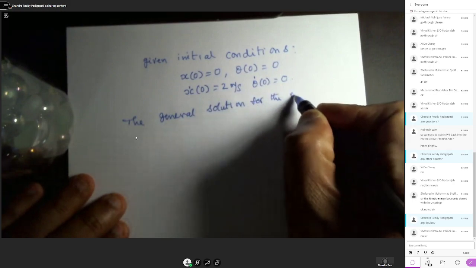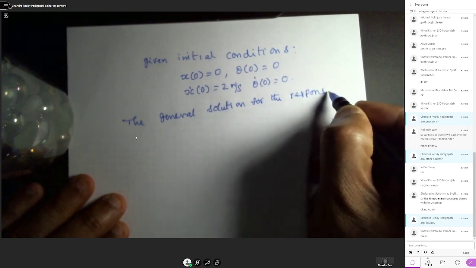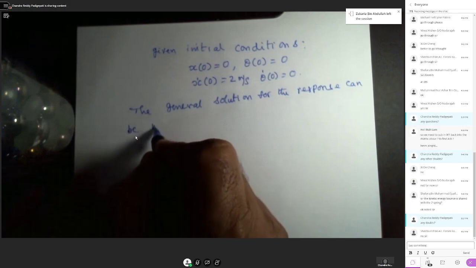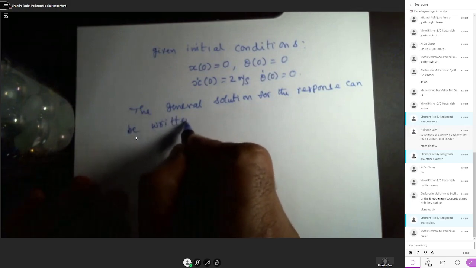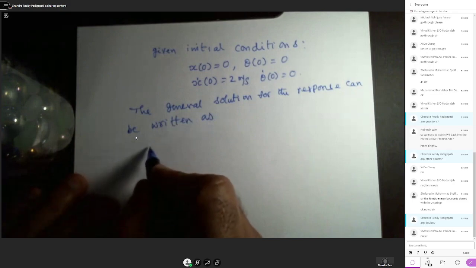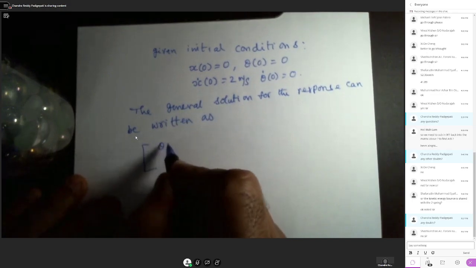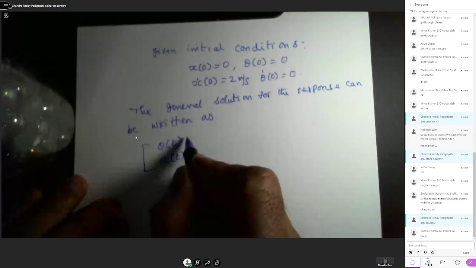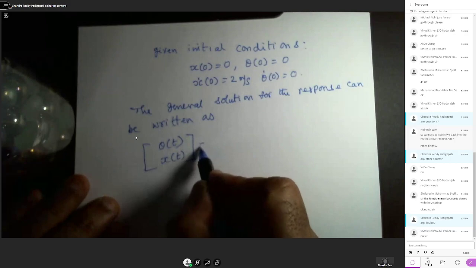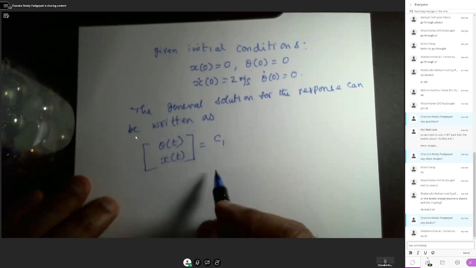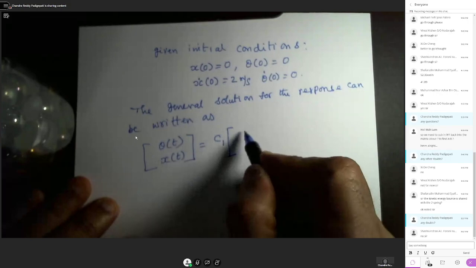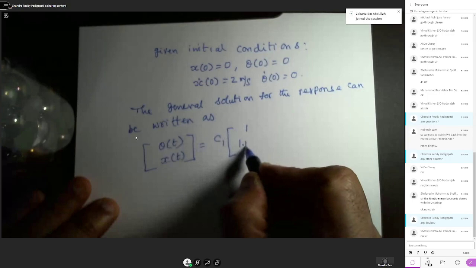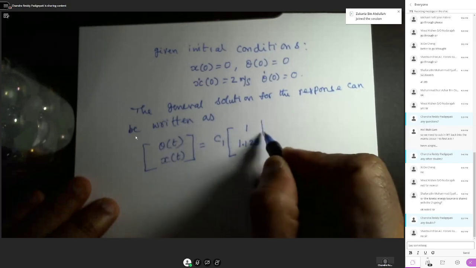So the response can be written in terms of the angular displacement and the linear displacement. You can write C1, the constant. The mode shapes were given, so this 1 and 1.128 is given.